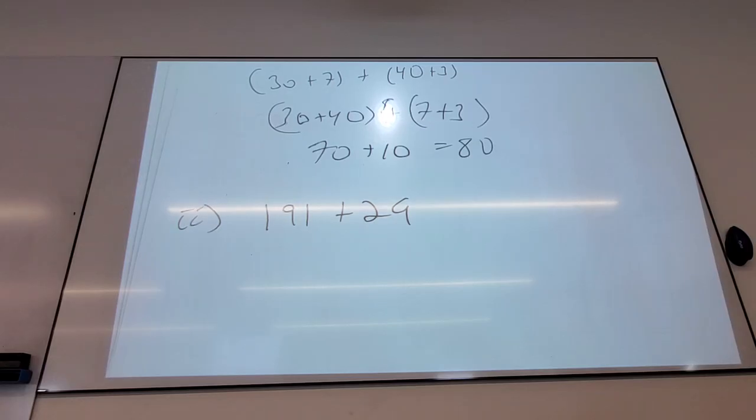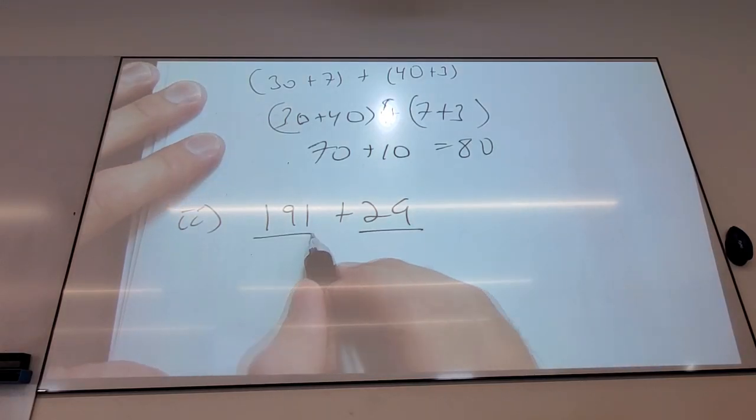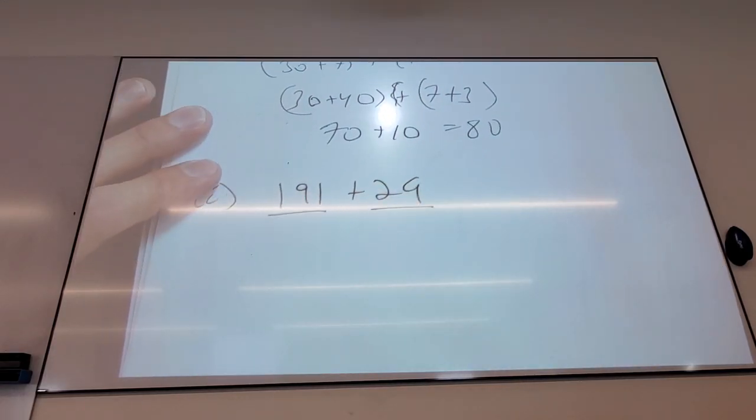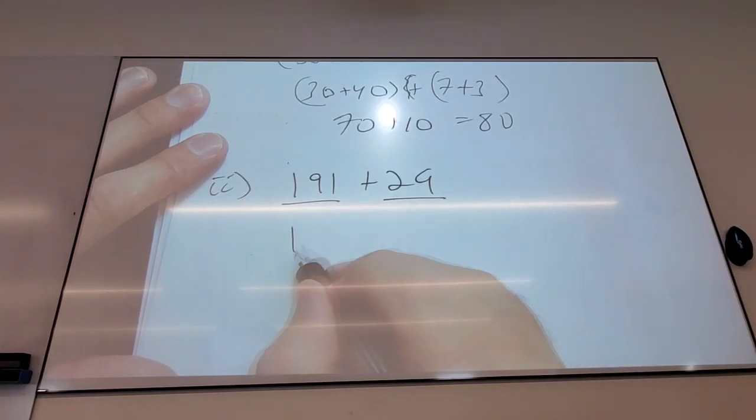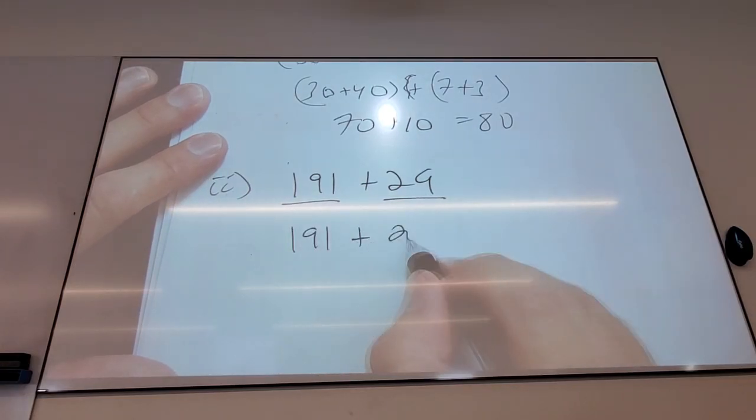Now let's say you're a little more advanced. On one level, that really sucks. Whenever it goes into the next place, like the speedometer clicking over, it kind of sucks, but what can you take from this number to help this number become nicer? Because what am I adding to 191? I'm adding 20 and I'm adding 9.